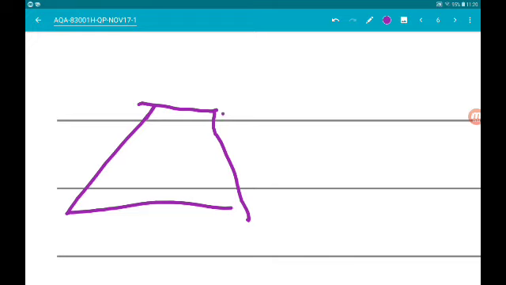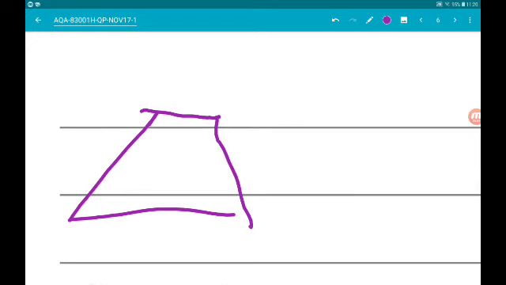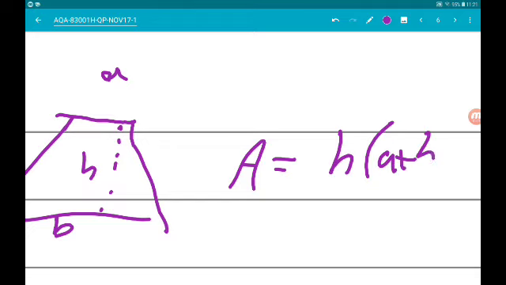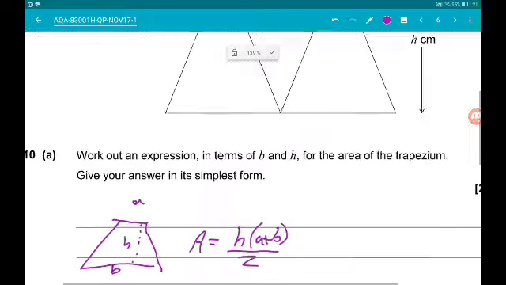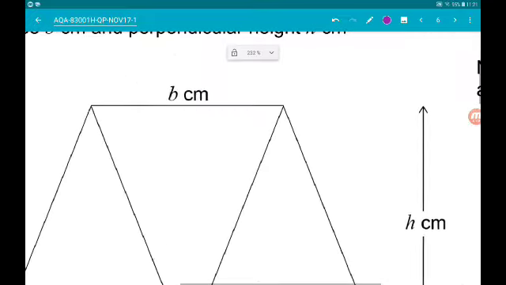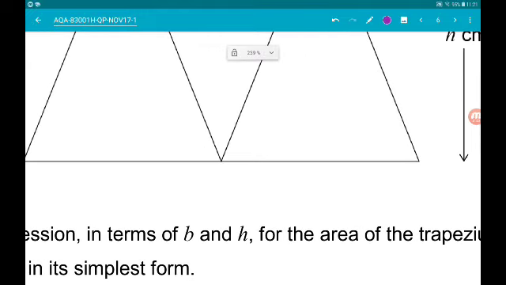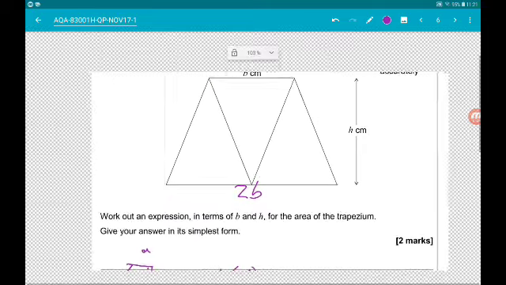So, trapeziums have a top length called a, bottom length called b, and a height h. Now the area is height times a plus b all over 2. So, this trapezium up here has a top length of b, a bottom length of 2b, and a height h.